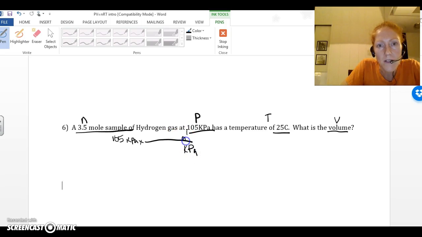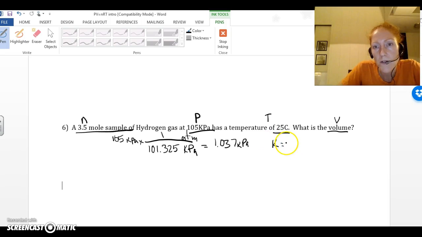The thing I want, ATM, goes up here. 1 atmosphere is 101.325. Okay, and when you plug that in, you're going to get 1.037 ATM.